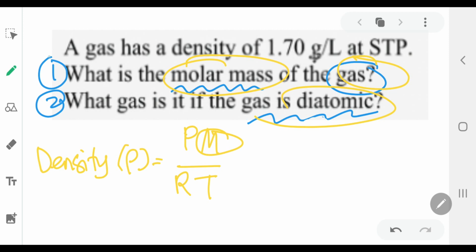It's very clear the question wants you to find the molar mass, and after that determine what the diatomic gas is. To find the molar mass, we're going to use this formula over here. And of course, you need to extract the given information from the question in order for us to solve this.